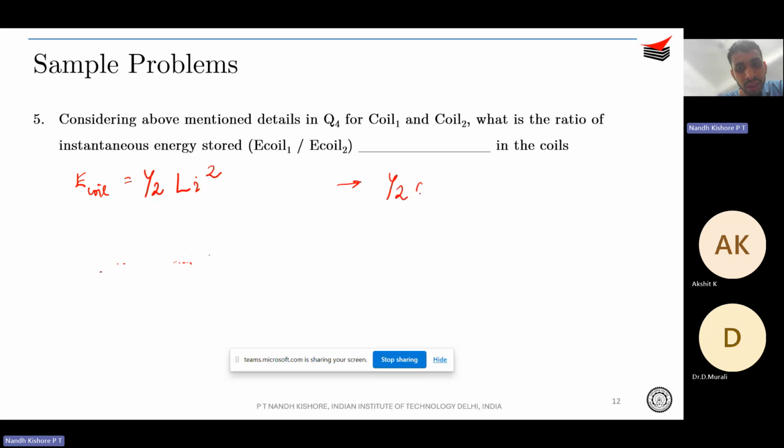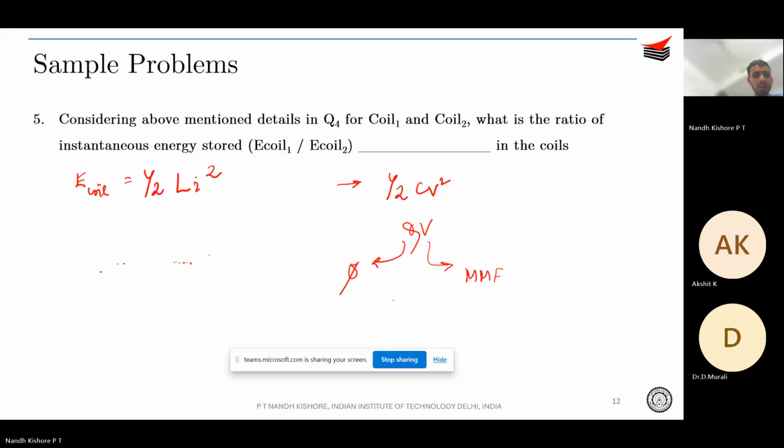So you know this is half CV square. And you also know that energy is basically Q into V. And you would have transferred your Q. Q is basically your I, right? And if you transfer voltage to magnetic domain, you get MMF.